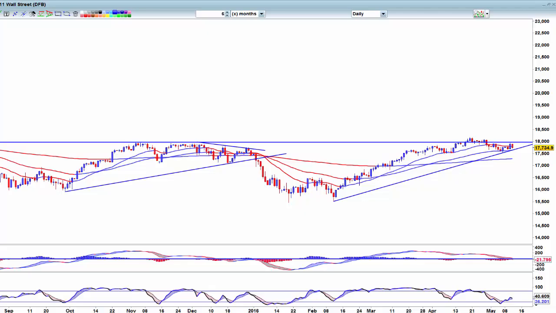So we've got all to play for in this situation. An ideal scenario for me would be to just poke our head above the 18,000, and then short. That gives us an opportunity to short into the rally, any kind of rally up there.